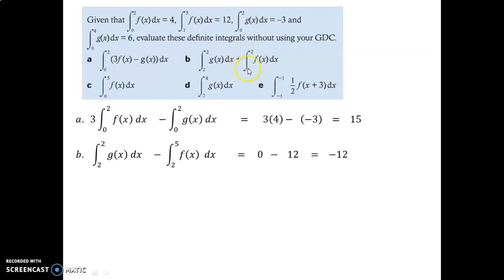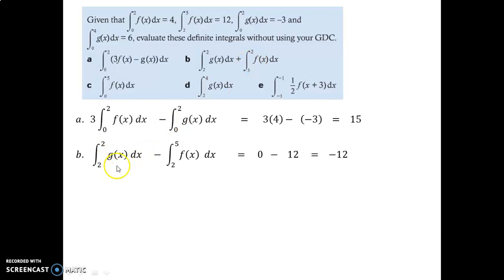But they've flipped these around on us. That means we're going backwards. And when we run an integral backwards, it gives us a negative value for the area. So for that one, we put a negative sign in front instead of a plus here, and then we flip this around, because this will now give us a positive value, but we make it negative by doing that, and then it gets back to this.